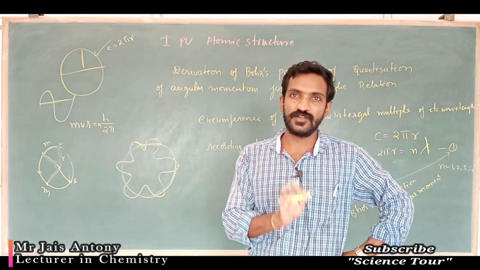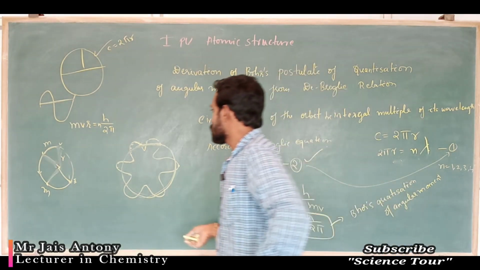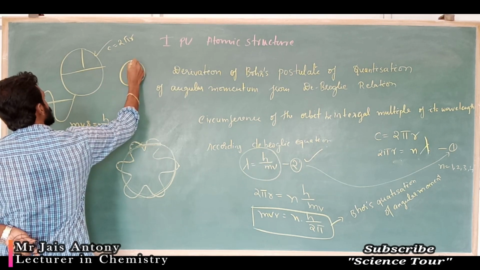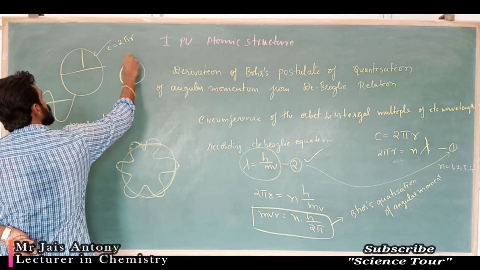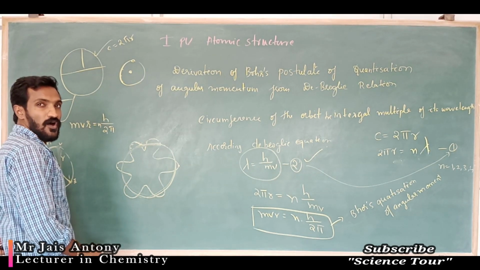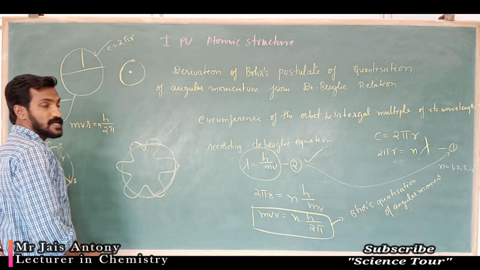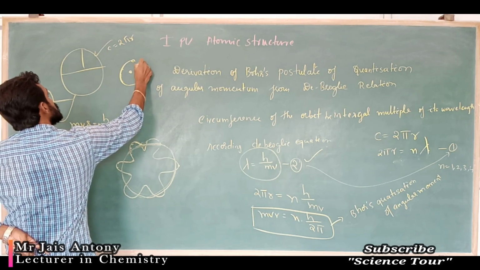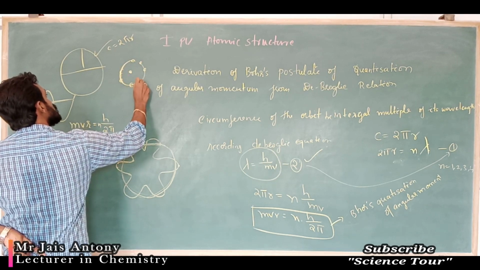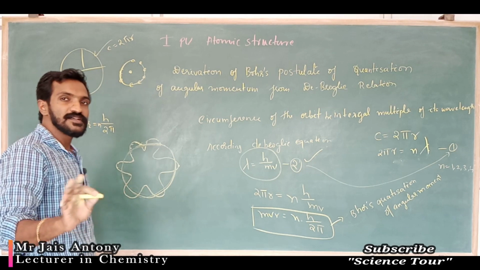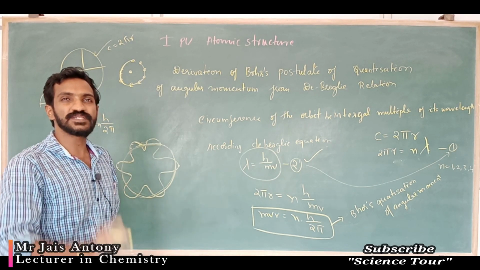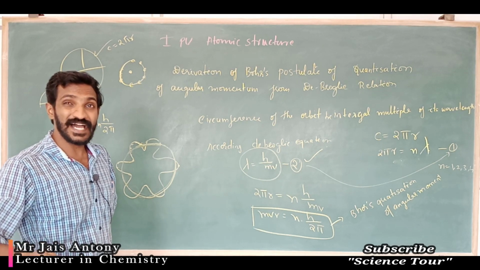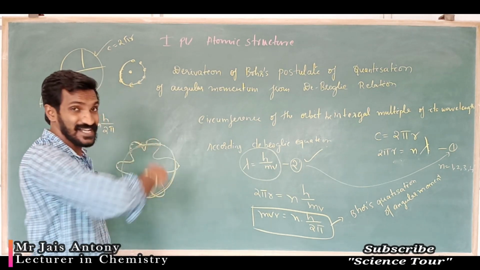Understood? In a particular orbit it is quantized. See, one electron is moving in this particular orbit. In this orbit, you will get the same quantized value. That is called angular momentum is quantized.